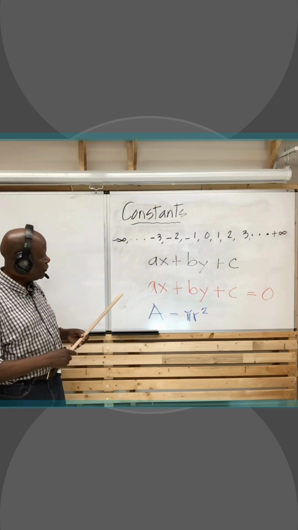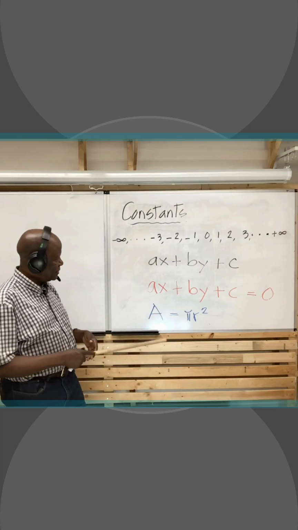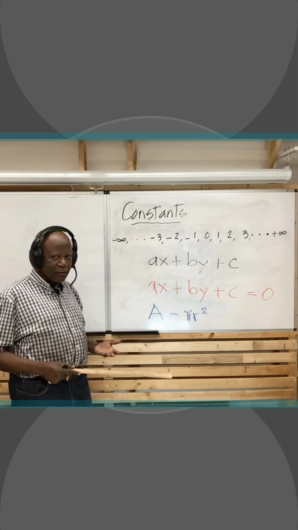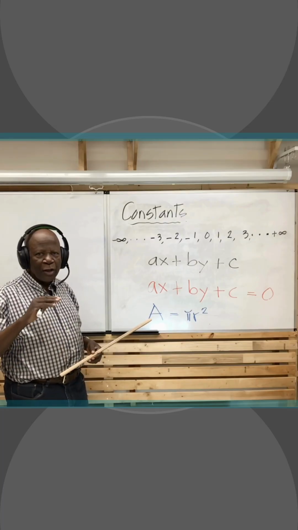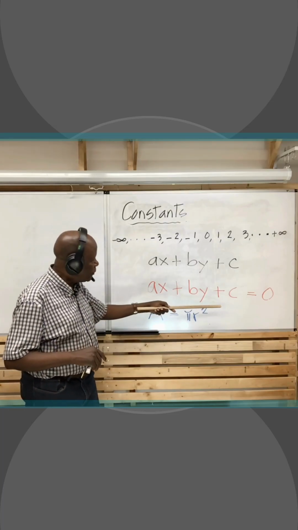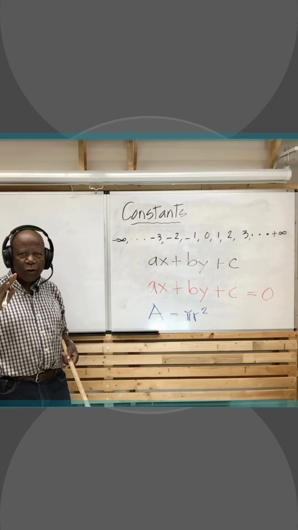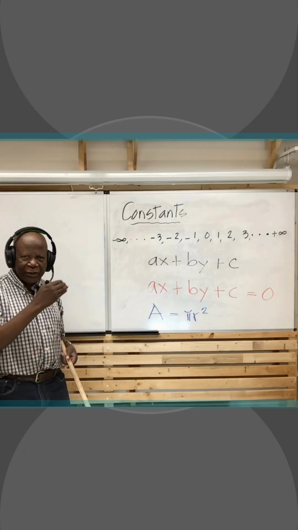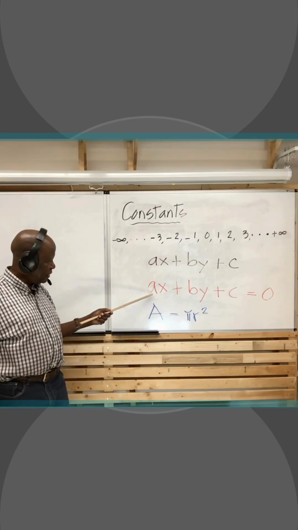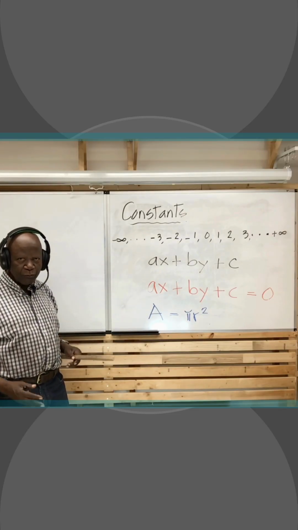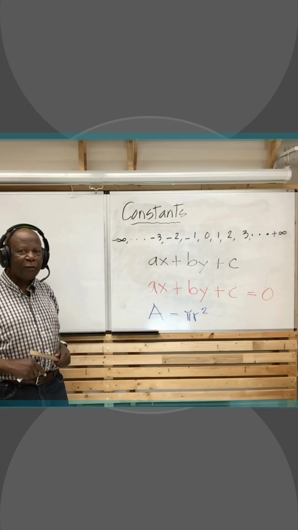Example, ax, of course, scales up the value of x, by scales up the value of y. But now, when you put this in a graph, when you try to introduce this in a form of graph, this will affect the shape of the graph.